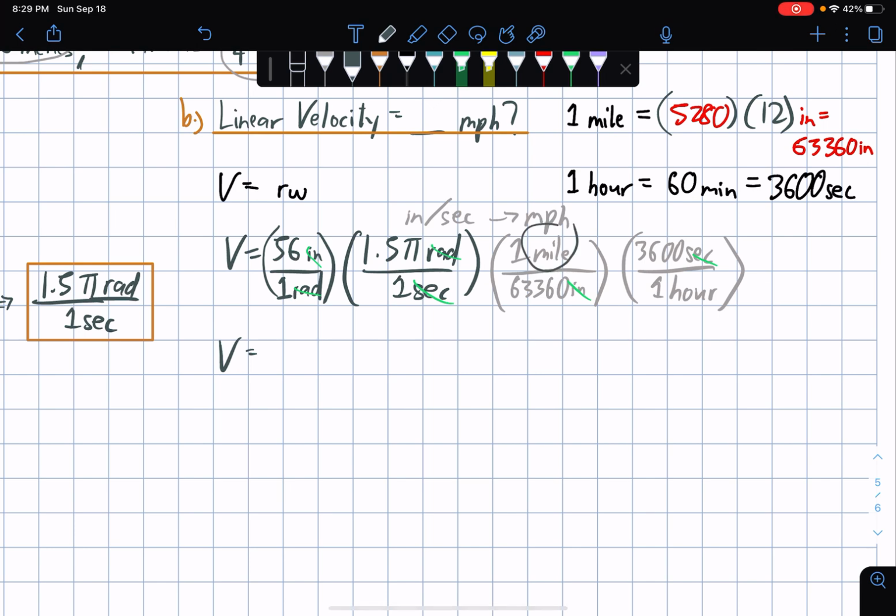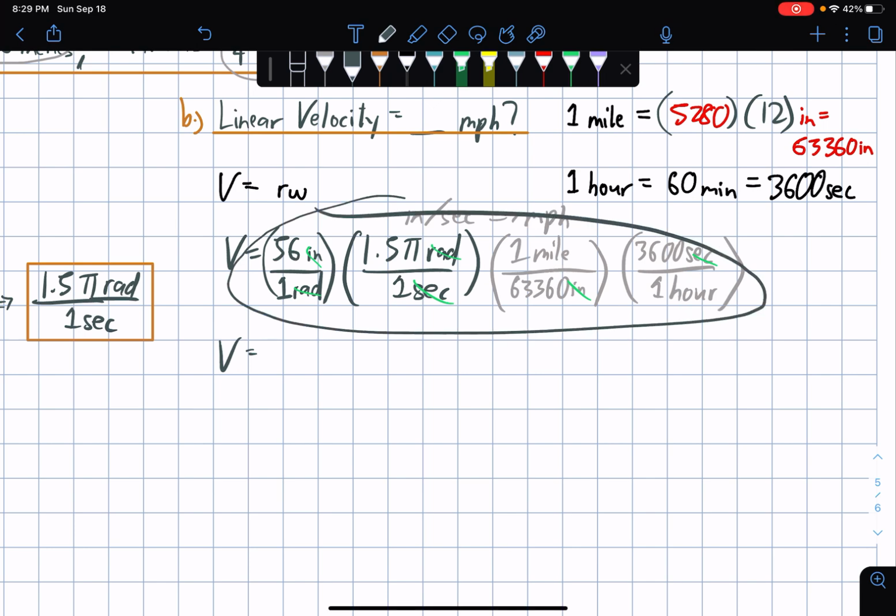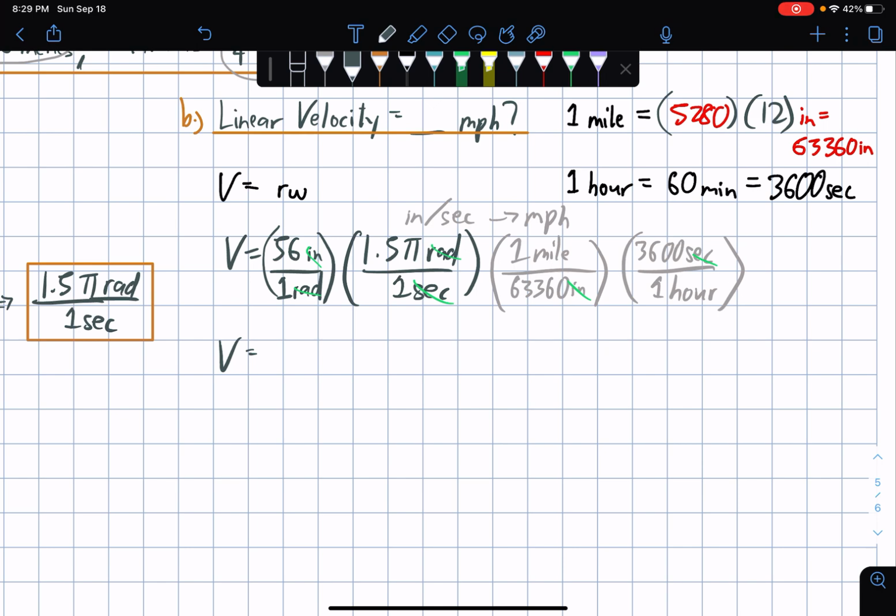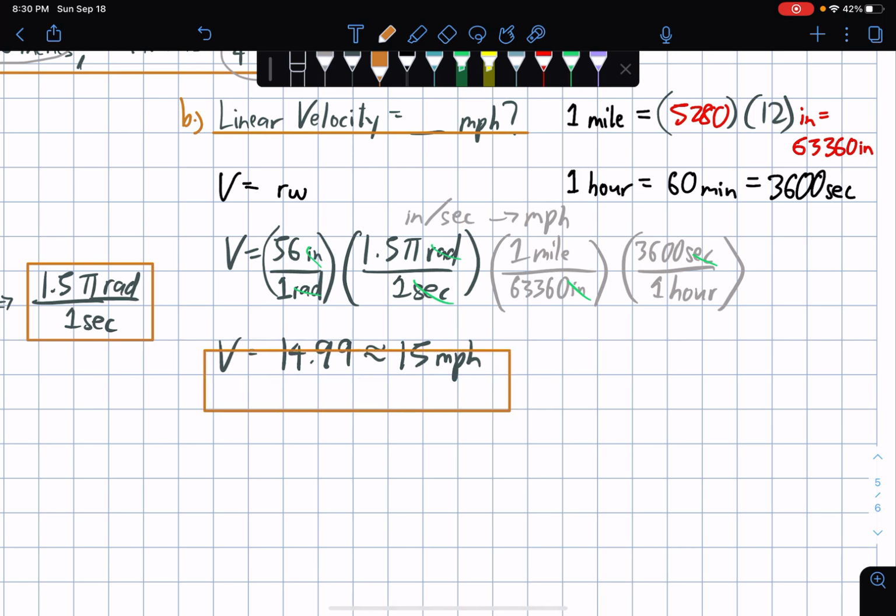So now we have miles per hour, or mph. Put all these values in the scientific calculator and we get 14.99, or approximately 15 miles per hour. So that's it. This is our linear velocity.